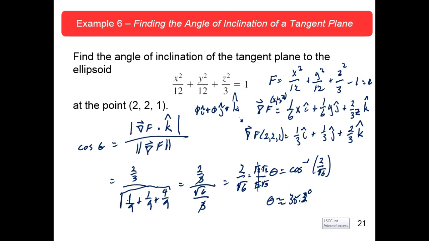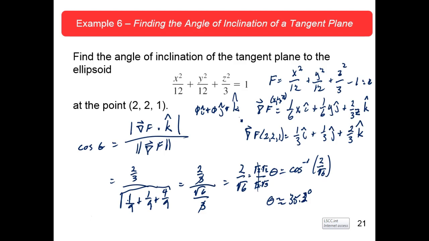All right. Now, they show the figure in the book, which I'm not about to graph. Here's the ellipsoid at 2 on x, 2 on y, and 1 on z, so it's not very far up there.